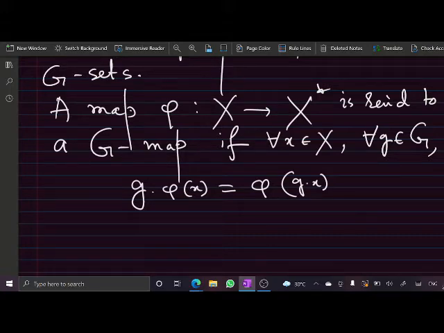So this is a definition that one could expect to define the sameness between two G sets, X and X star.